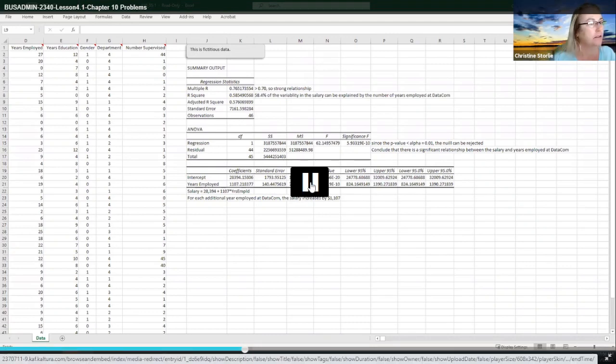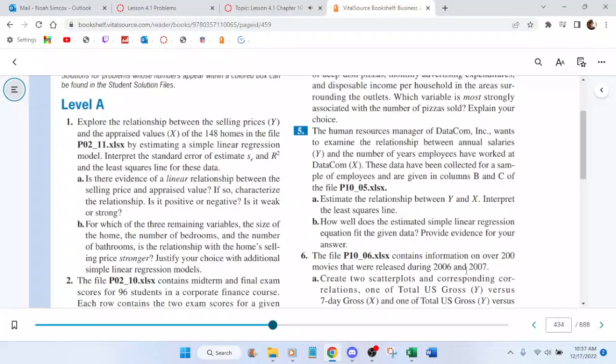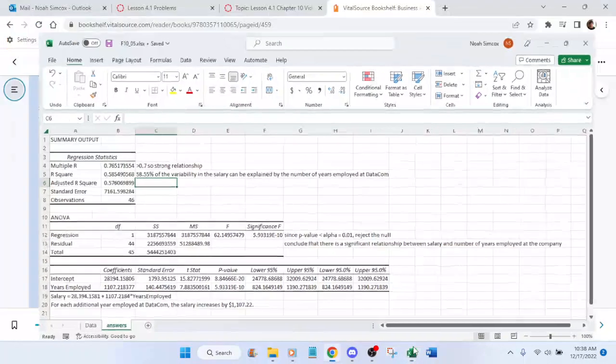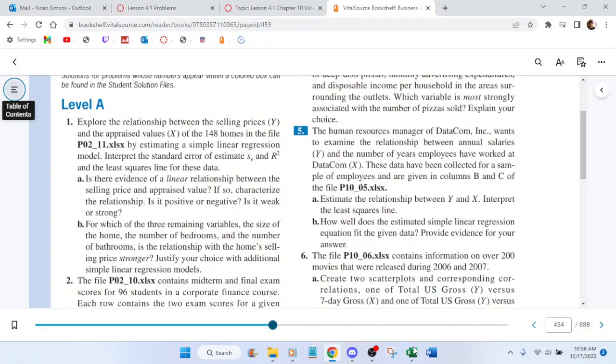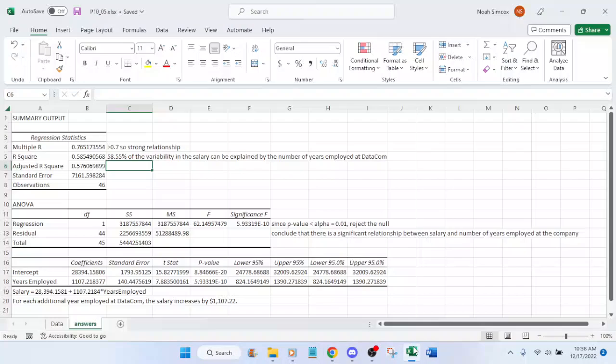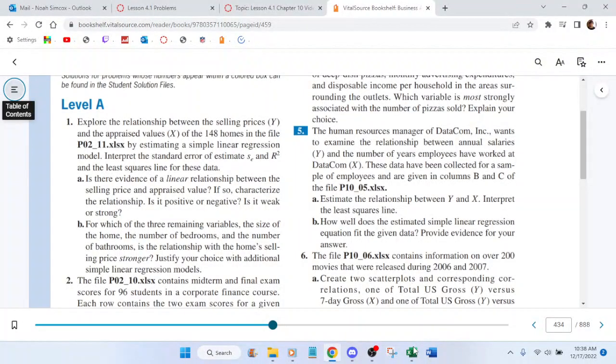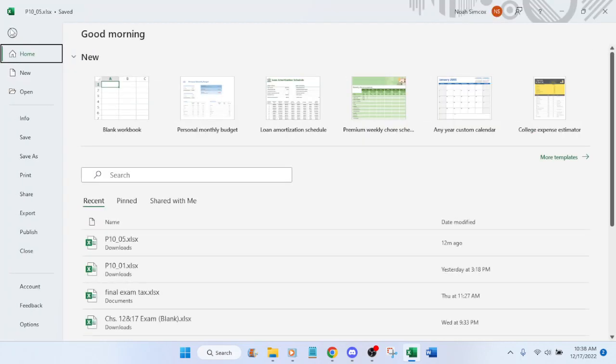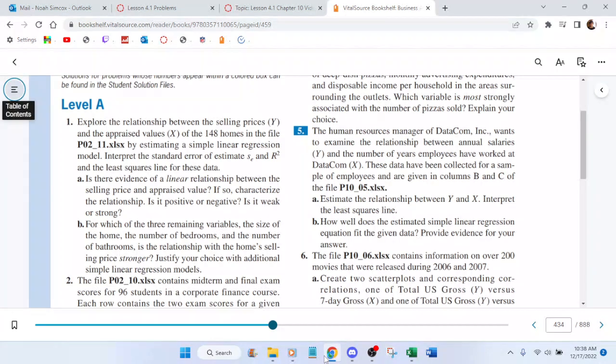Some of these go faster than others. Two out of 18 done.